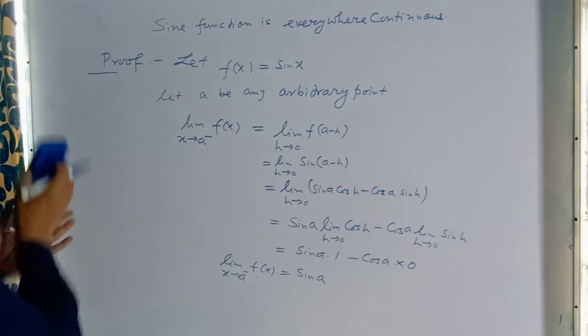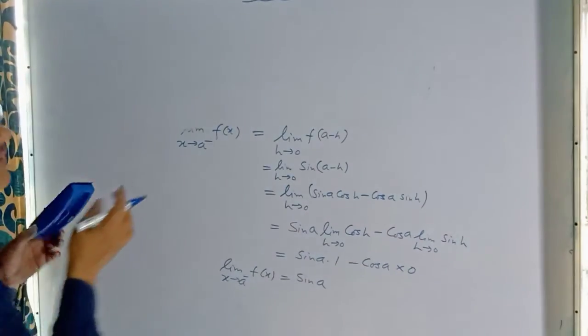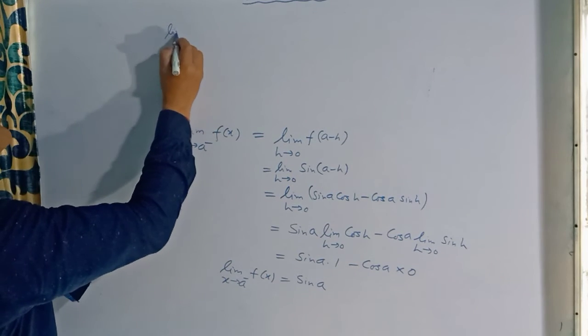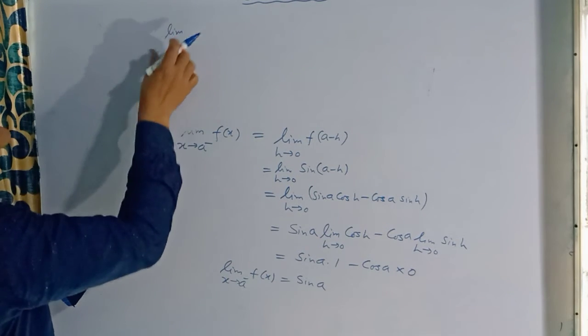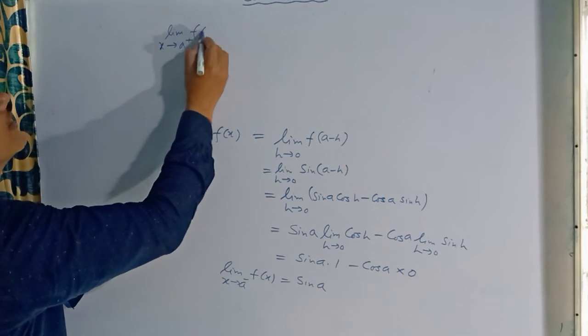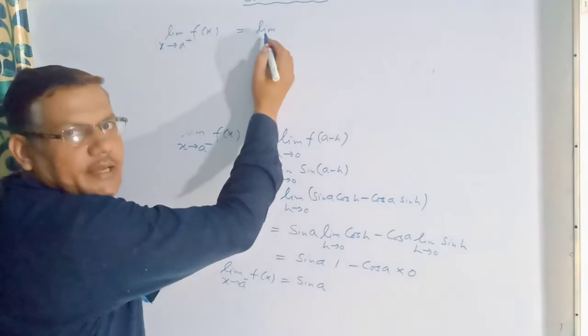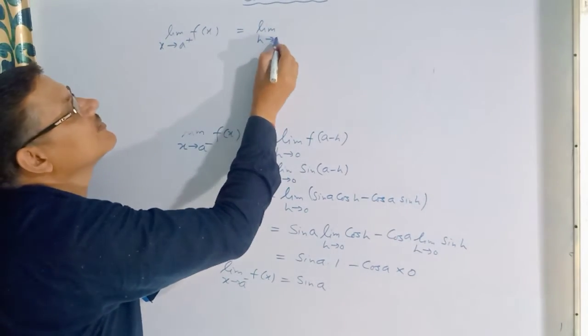Now similarly, we get the right hand limit. For the right hand limit, we start with the limit as x tends to a from the right of f(x). The method is the same, replacing x by a + h as h tends to 0.